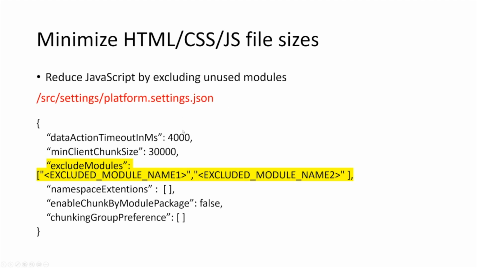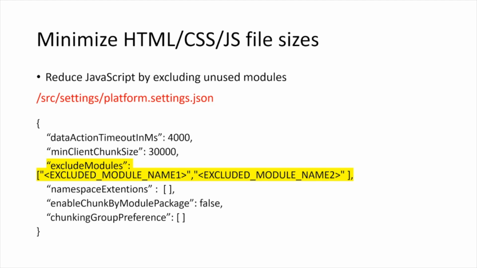The values you'll see here for the ones I'm not talking about are just the defaults. But we have a property in here called exclude modules. So if you know there are a set of modules that we ship that you just don't use on your e-commerce site, you can add them here, and then we won't serve up the JavaScript. So that's one way to reduce your size.